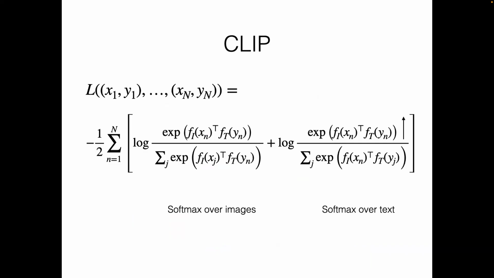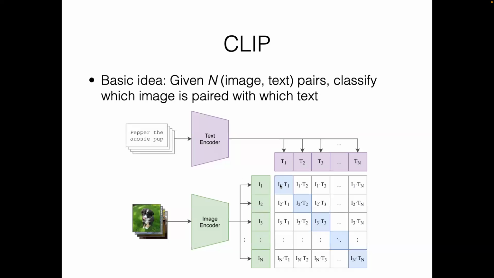And so here's the loss function, and it turns out to be very similar to the one we saw for retrieval. So if we just look at one of these at a time, this one is just dealing with the images. What it's doing is taking a softmax over either one of these rows or one of the columns, however it was visualized.